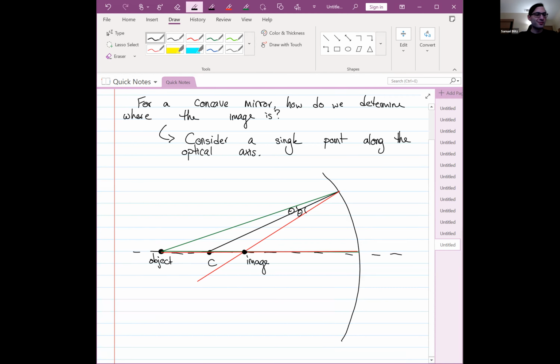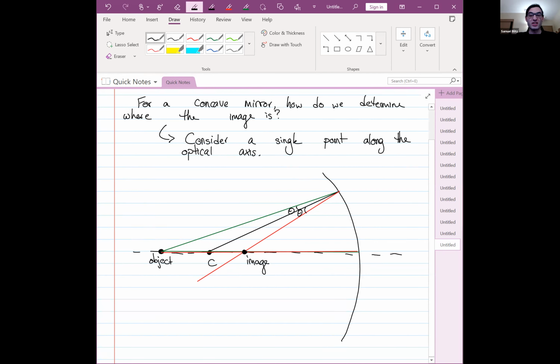Now, as I mentioned when we were talking about spherical refractors, Snell's law makes it so that the point of convergence isn't exactly a point of convergence. The different rays will only approximately converge there in the small angle limit. The same is true here.